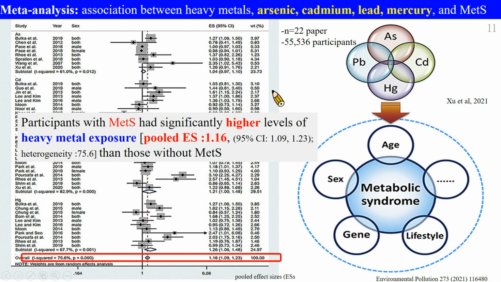So there is a recent meta-analysis investigating 22 articles involving 55,536 participants. The meta-analysis investigated the association between toxic heavy metals like arsenic, cadmium, lead, and mercury, and the risk of metabolic syndrome. And what the authors found is that participants with metabolic syndrome had significantly higher levels of heavy metal exposure compared to those without metabolic syndrome.